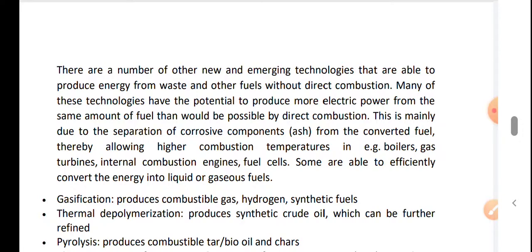Nowadays, a number of new and emerging technologies are used, because some say that incinerators are not good for the environment, as they may pollute the environment, as well as the material obtained in the ash is also sometimes metallic and toxic, which may be harmful even for the land.